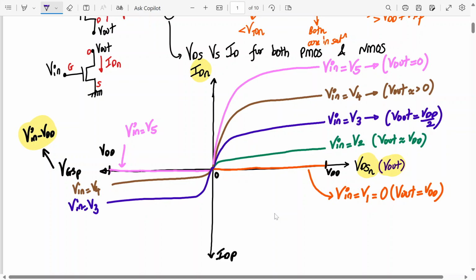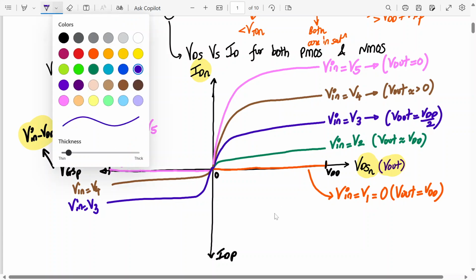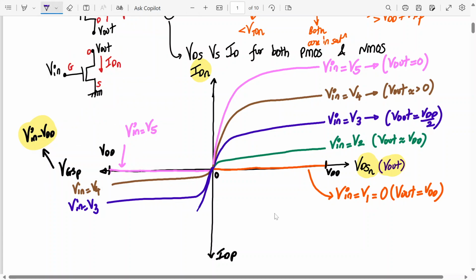Then V in equal to V3, where V out is equal to VDD by 2, then your green curve will come. Then the V in equal to V2 curve will come here.